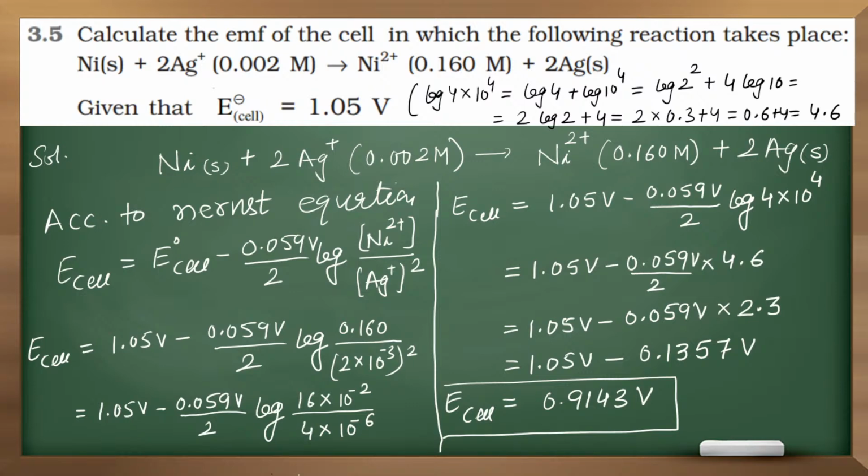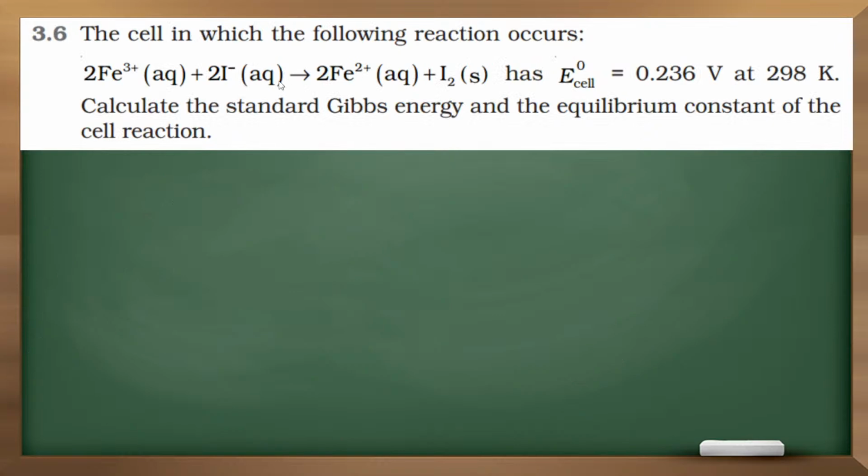Okay, so next question is: the cell in which the following reaction occurs: 2Fe3 plus aqueous plus 2I negative aqueous to give 2Fe2 plus aqueous plus I2 solid, has E0 cell 0.236 volt at 298 Kelvin.